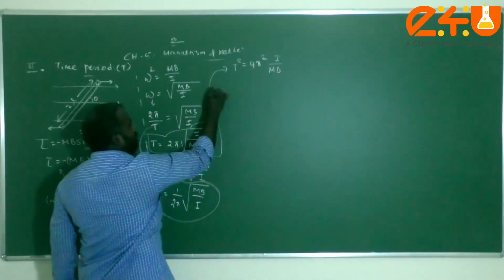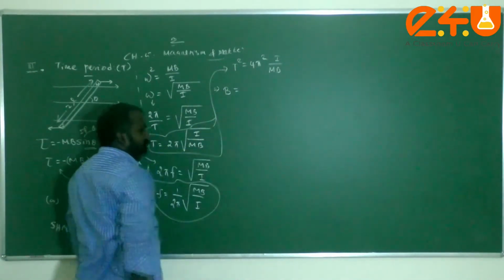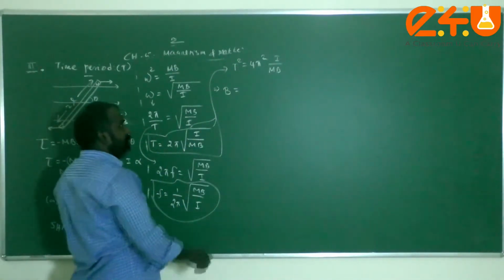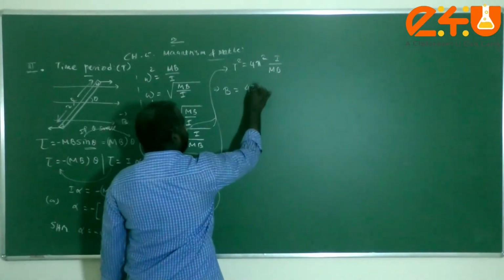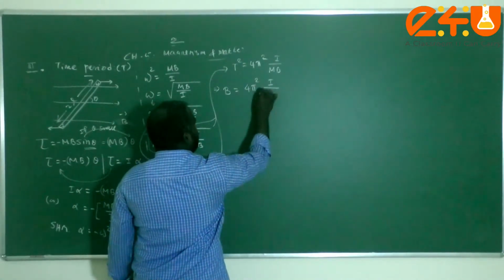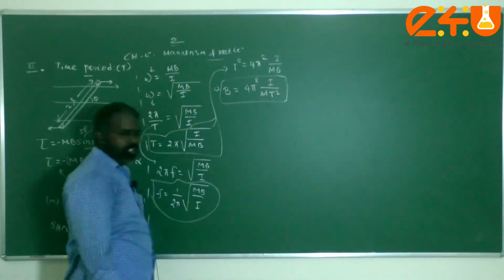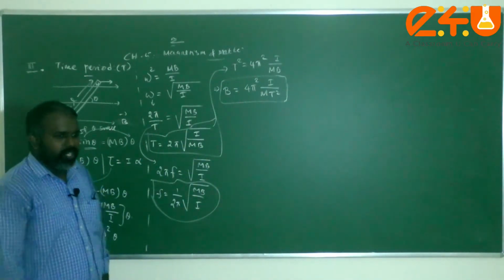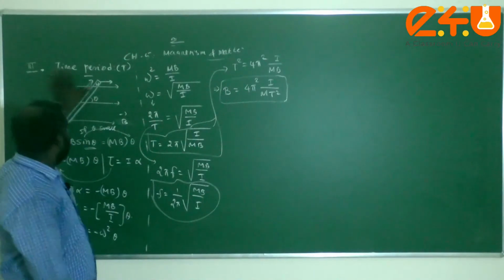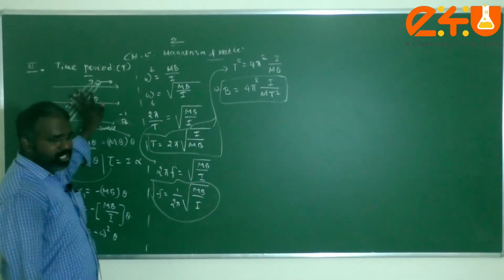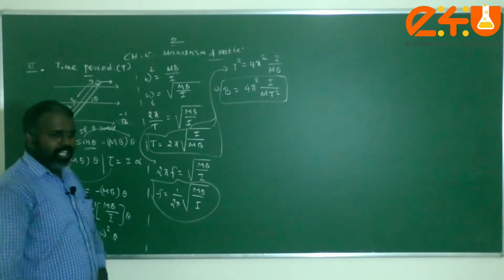So from this I get that the value of the magnetic field is given by B equals 4 pi squared I divided by M into T squared. So this is another expression. This is the information about the oscillation of the magnetic dipole placed in a uniform external magnetic field.